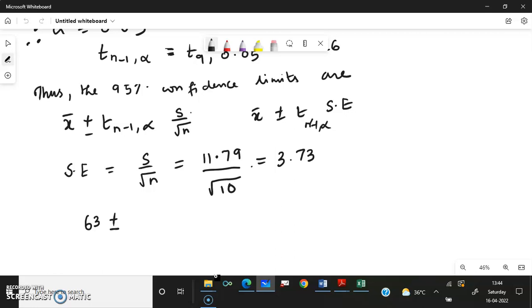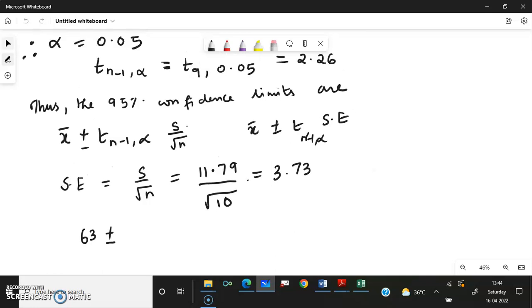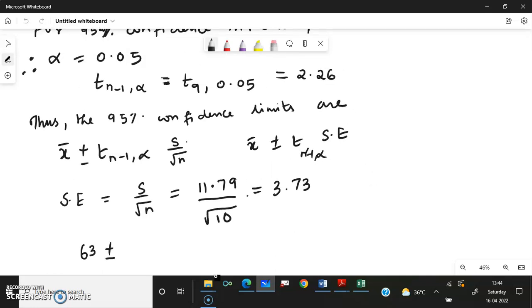the tabular value. The tabular value is 2.26, t n minus 1 alpha, that is 2.26, into the standard error.